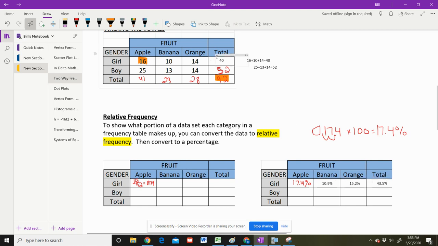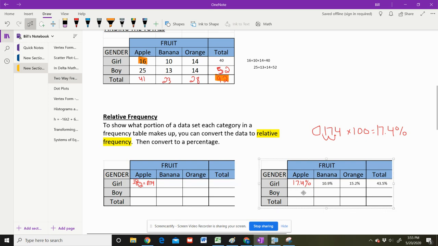And then last, I took the total number of girls and divided it by 92, and that gave me 43.5%. All right, so I want you guys to try this next row for boys. Give me the percentages. I'll stop and you guys can try that Edpuzzle.